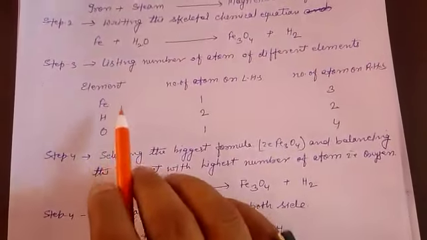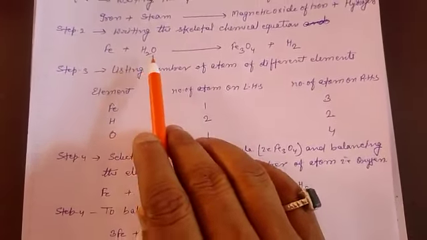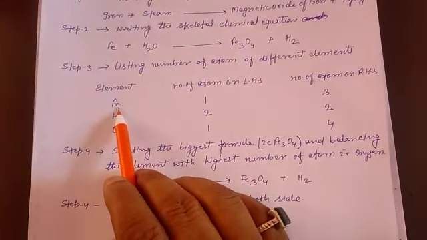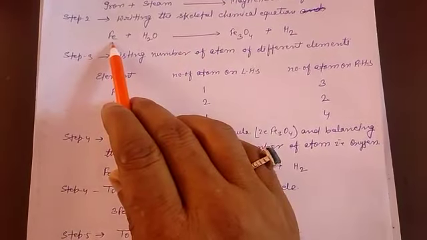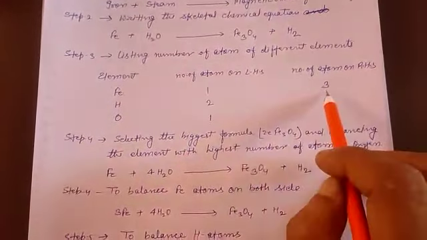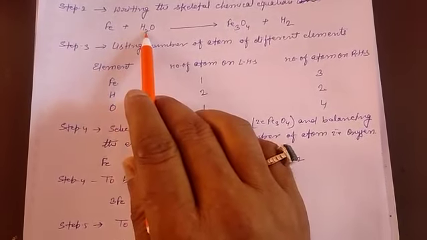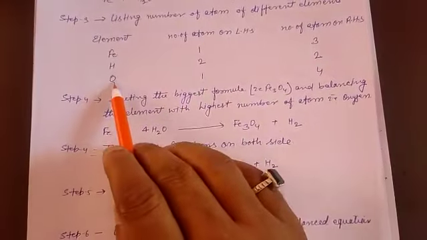Now in the third step, count the number of atoms of each element. The elements are iron, hydrogen and oxygen. On the left hand side there is only one iron, and on the right hand side there are 3 iron. For hydrogen, there are 2 hydrogen on the left hand side and 2 hydrogen on the right hand side.